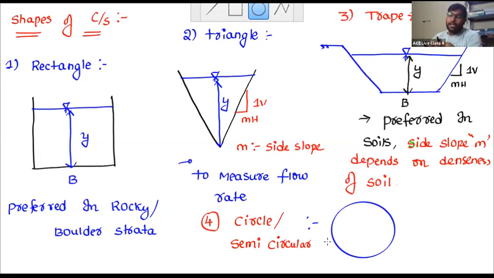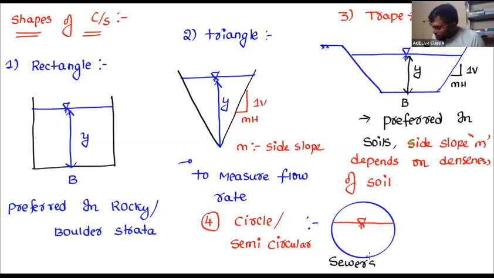Partial. If you allow it full, then it is no more open channel flow. If you allow it partially, then it is open channel flow. The best example is sewers. I hope you know the sewerage system. A sewer is a conduit where you transmit the dry weather flow and wet weather flow partially.